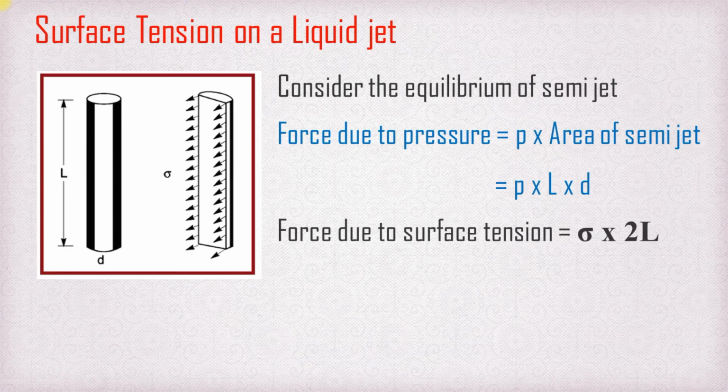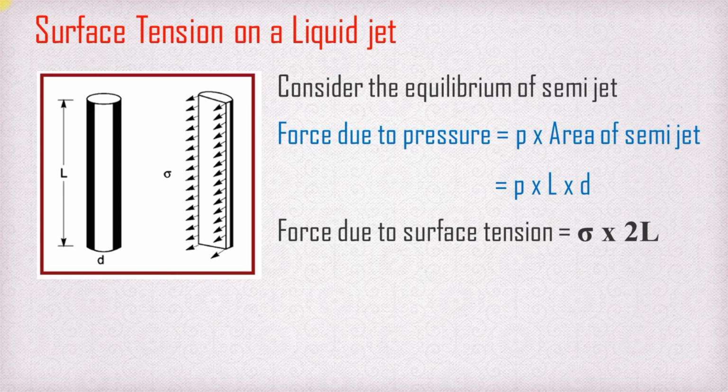The unit of surface tension is Newton per meter, meaning the force acting per unit length. Here we are considering the length on both sides, L on the left hand side and L on the right hand side. So the force due to surface tension equals sigma into 2L.